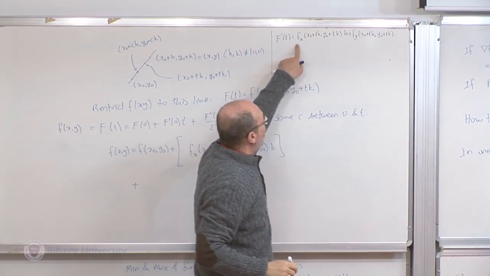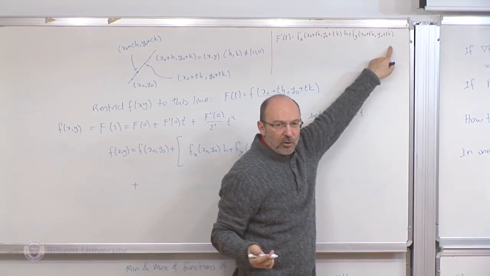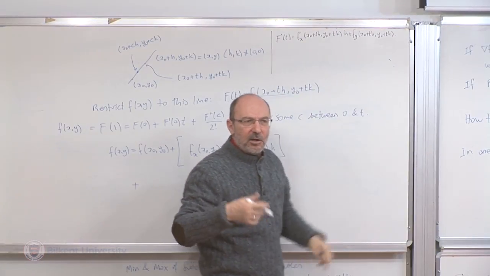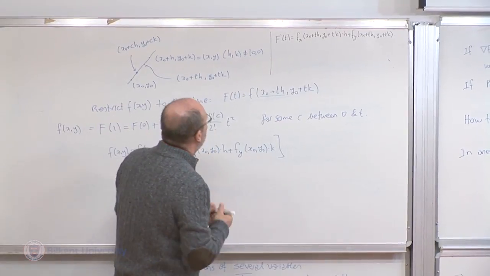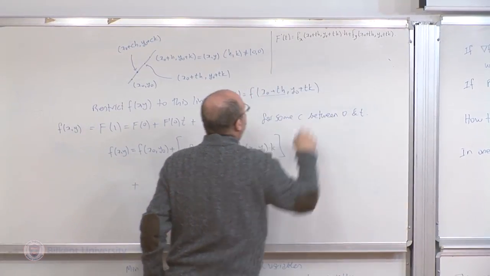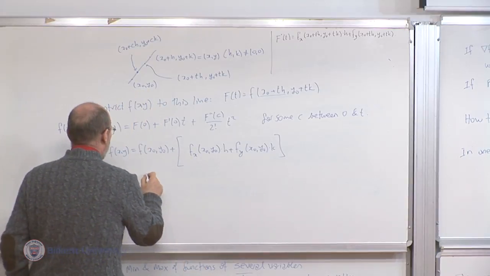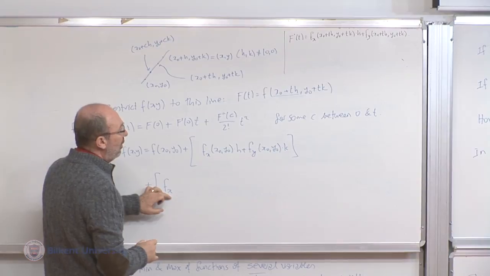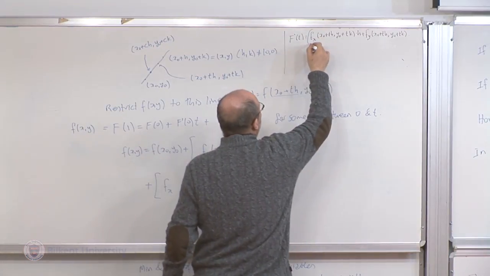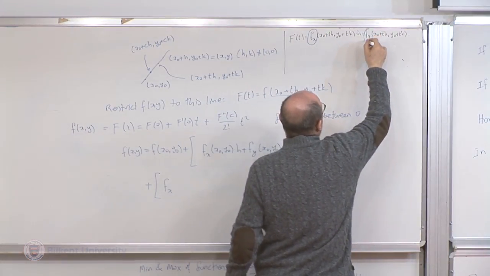Now I'll take the derivative of this with respect to t. It takes time, but we are not doing anything complicated. So let's start with this thing. This is my function, and later on this will be the function.